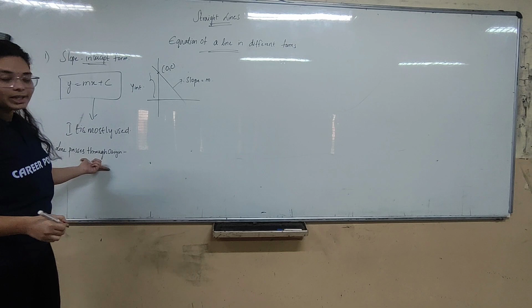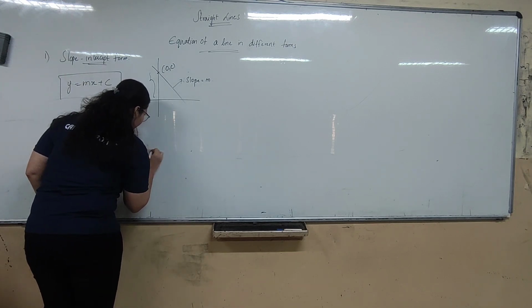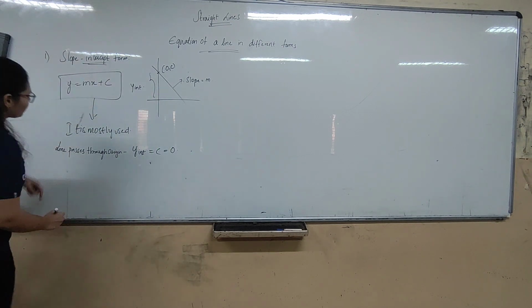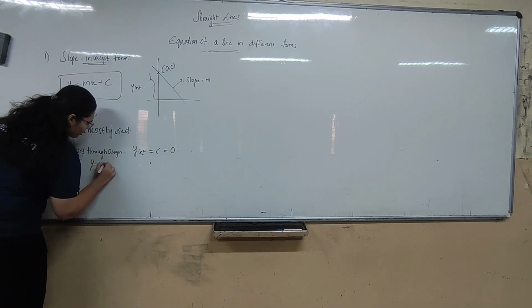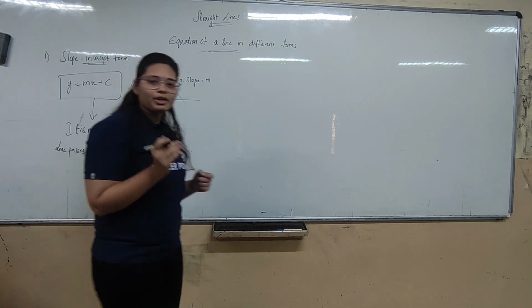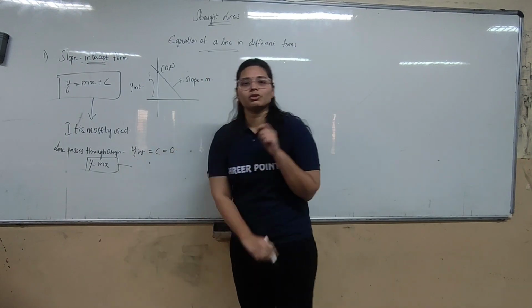So what will be the y-intercept? Right, 0. So the y-intercept, that is c, is equal to 0. So the equation will be y = mx. So always, if a line passes through the origin, the equation of the line is y = mx.